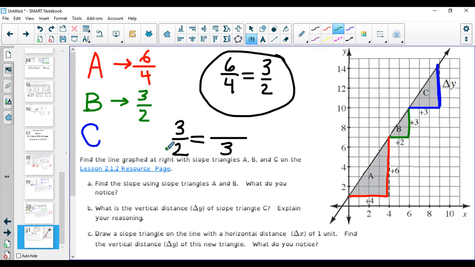Multiply by 1.5. So we multiply the numerator by 1.5. 3 times 1.5 is 4.5. So this vertical distance should be 4.5 squares. 1, 2, 3, 4.5.